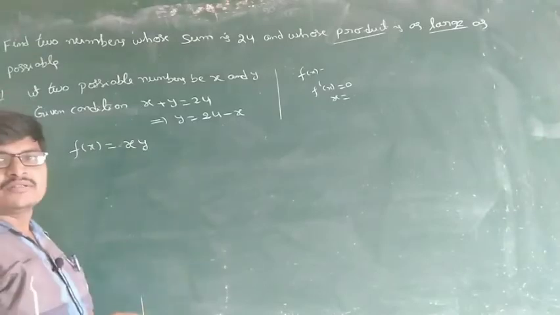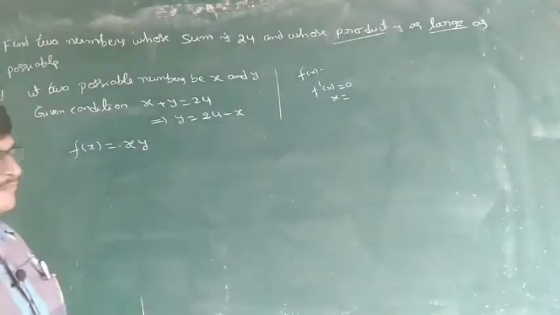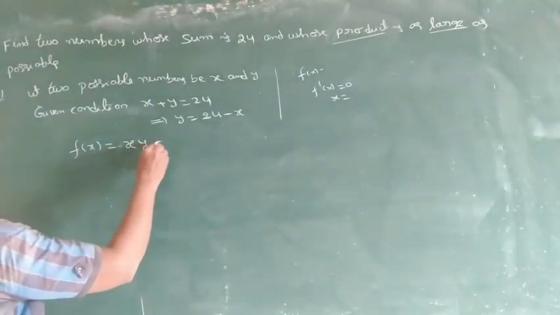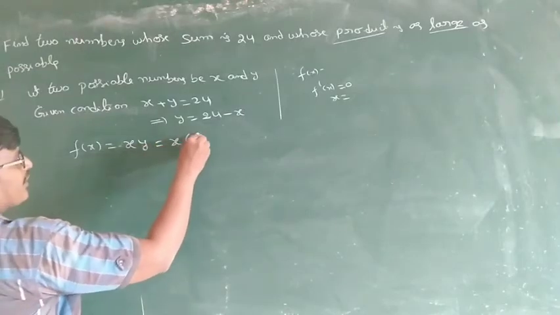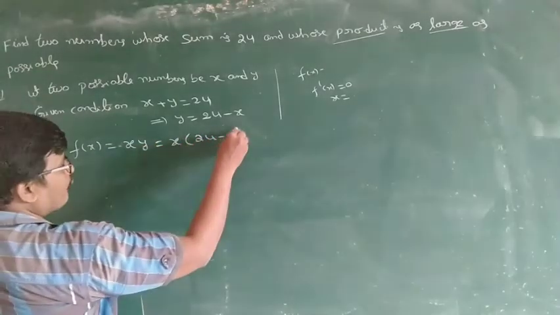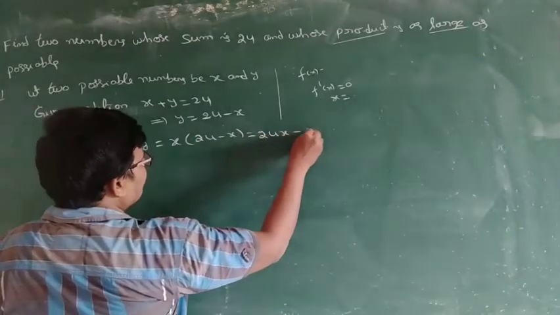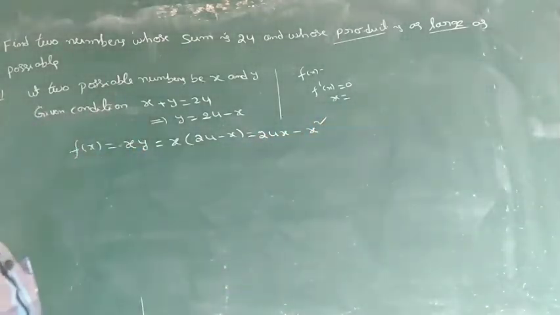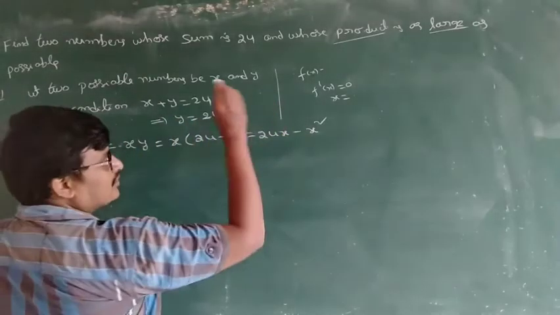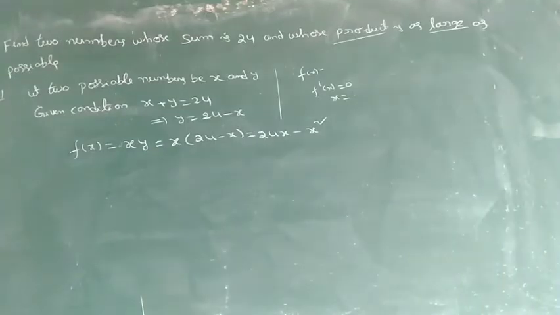Substitute the y value: x into y, where y is equal to 24 minus x, that is 24x minus x square. So f of x is ready.